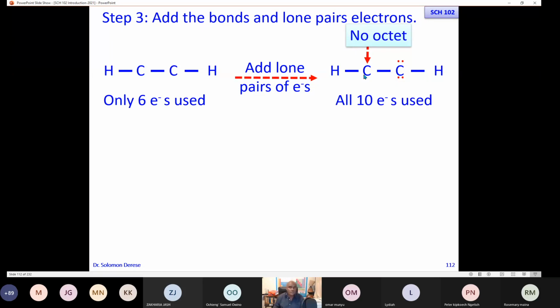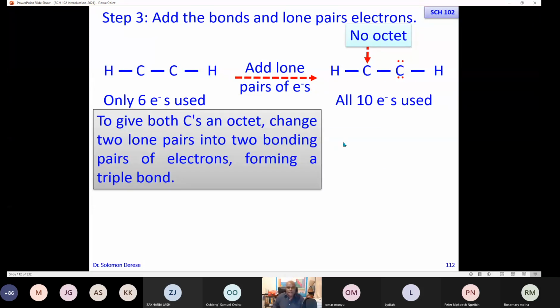Since we do not have any additional electrons left, the only choice we are left with to fulfill the octet of this carbon is to use these lone pair of electrons as bonding electrons. Use these electrons to form a double bond, and we see if each of the carbons has an octet. If they don't, you form another bond.